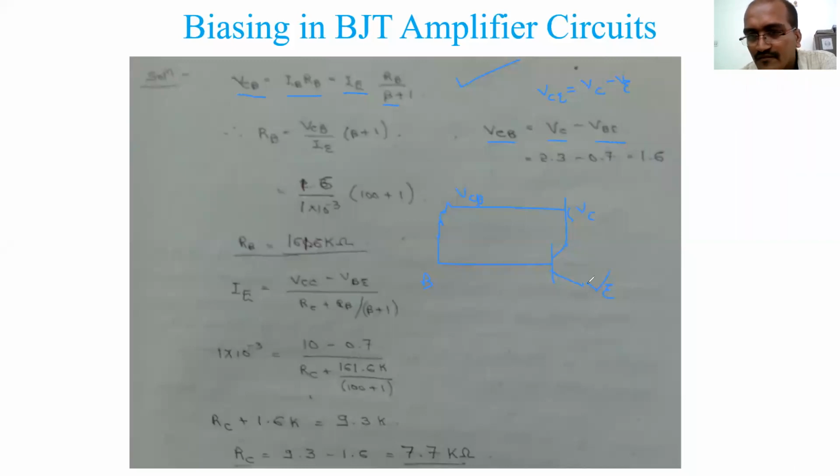Since no resistor is connected on the emitter side, it is connected to ground, so VE is straight away 0. Nothing drops. VE is 0, so VCE is equal to VC. That's why VC is written here. So VCB is nothing but VC minus VBE. If I subtract this value and this value, I will get this value. This is applying the KVL around the transistor here.